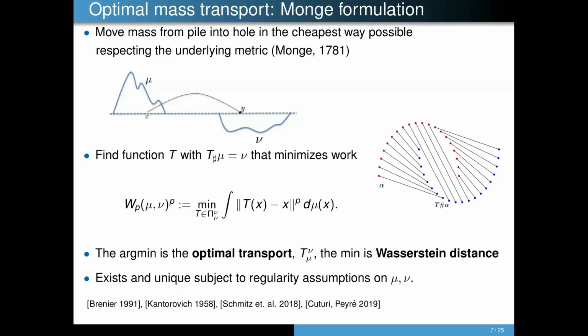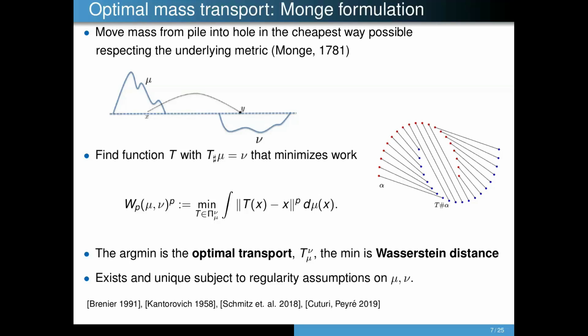And I'm integrating over the entire space to get the global work. So this is the smooth problem. If we're able to solve it, which is not always the case, we would get a map that moves one measure into the other, and we would get a distance, the Wasserstein distance, W_p, which measures the cost of the movement of this map.